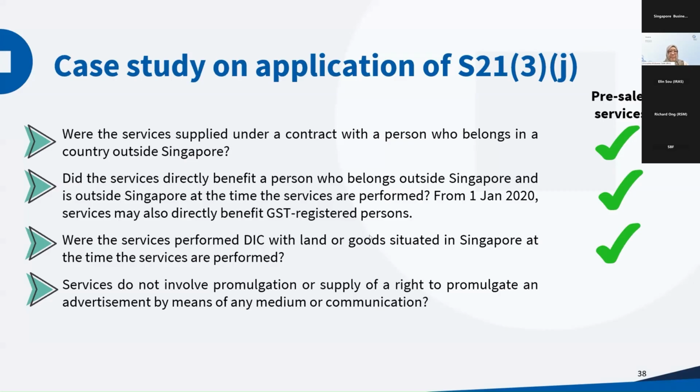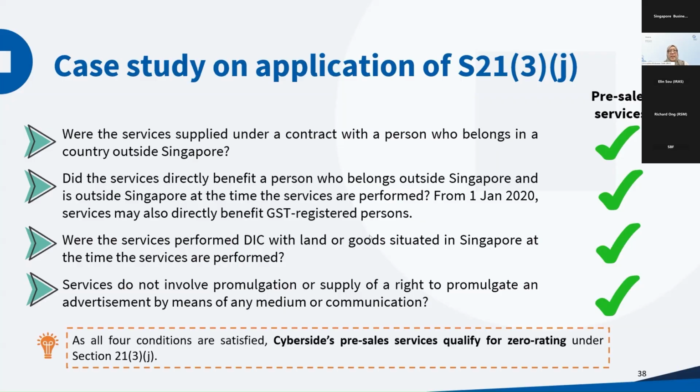So in this case, Cybersite's services are not treated as performed directly in connection with goods situated in Singapore. Lastly, Cybersite's services do not involve media sales. So since all the conditions are satisfied, the pre-sale services are treated as qualified for zero rating under section 21(3)(j).